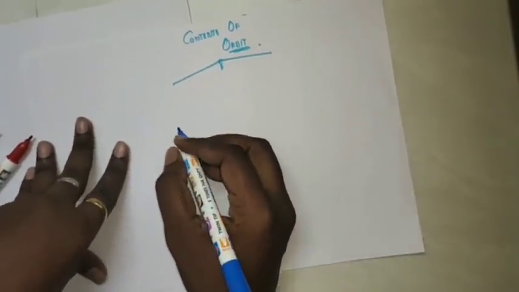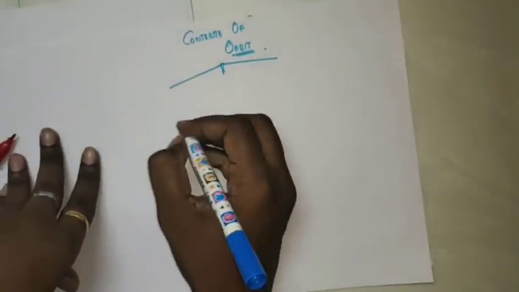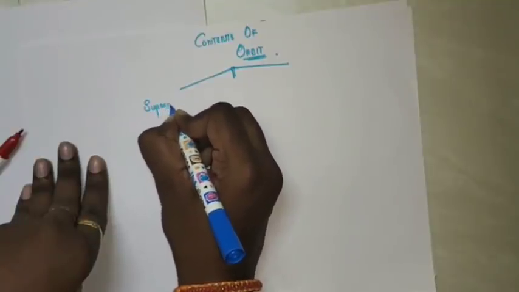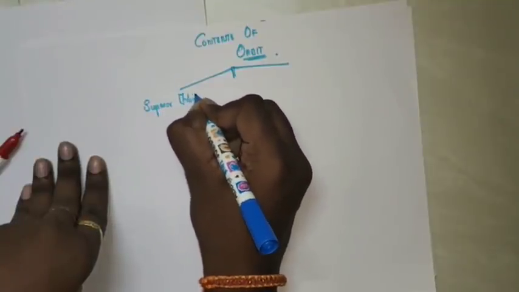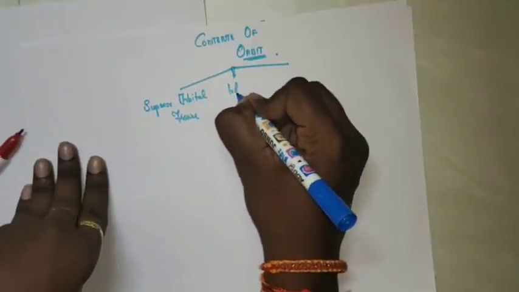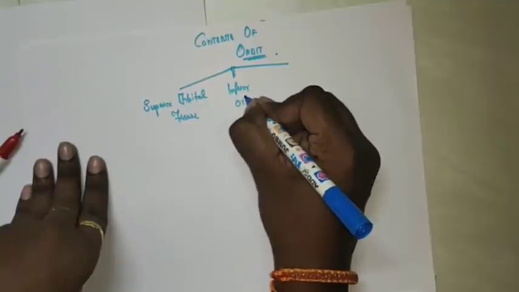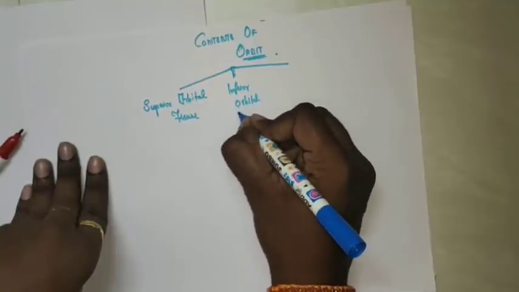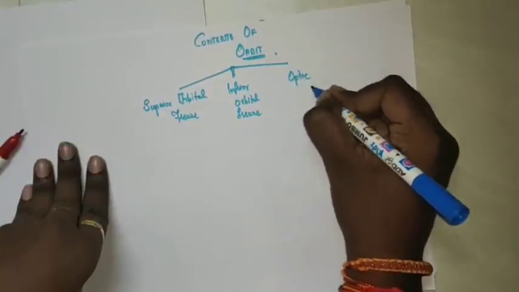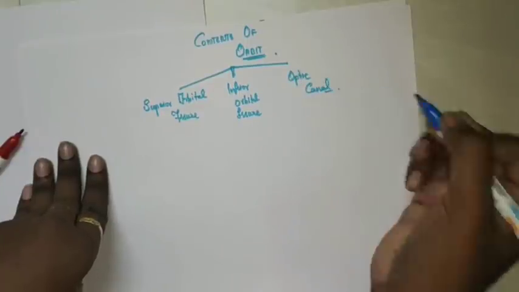Those structures will be the superior orbital fissure, inferior orbital fissure, and the optic canal.